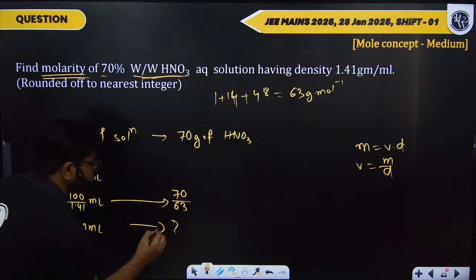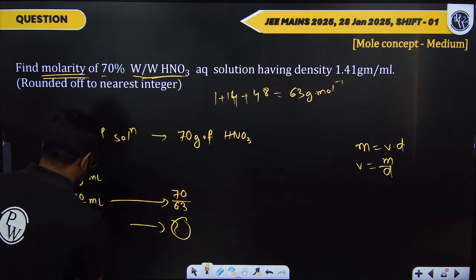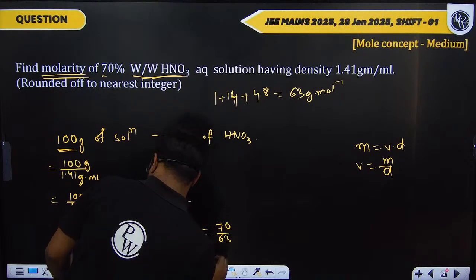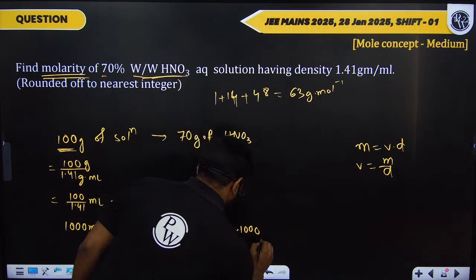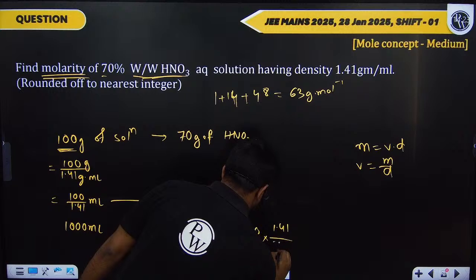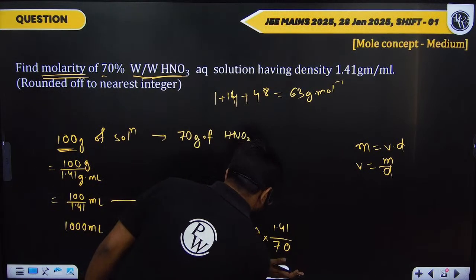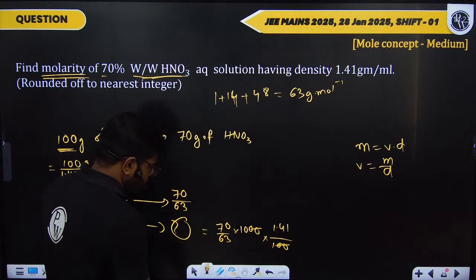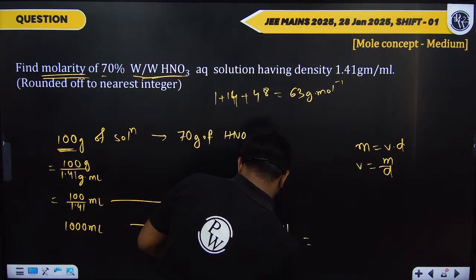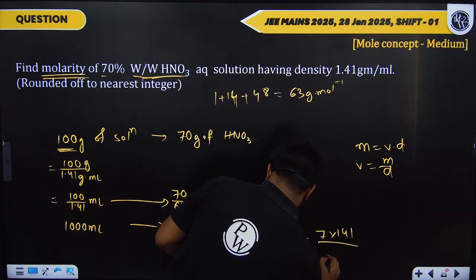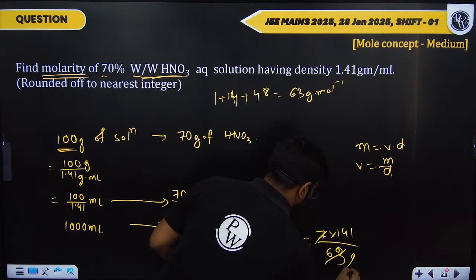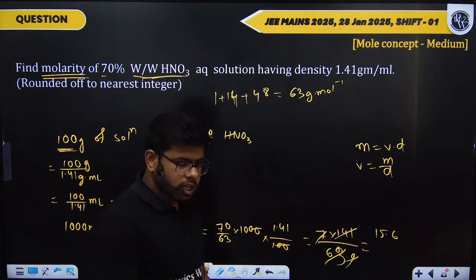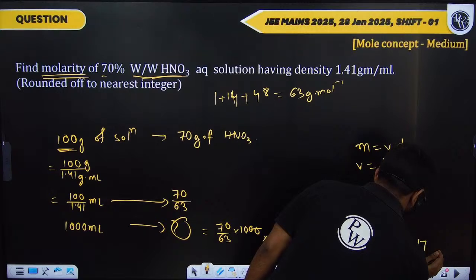Whatever the number of moles present, we need to multiply and divide accordingly. Then the result is about 15, the nearest integer, correct? Nearest integer.